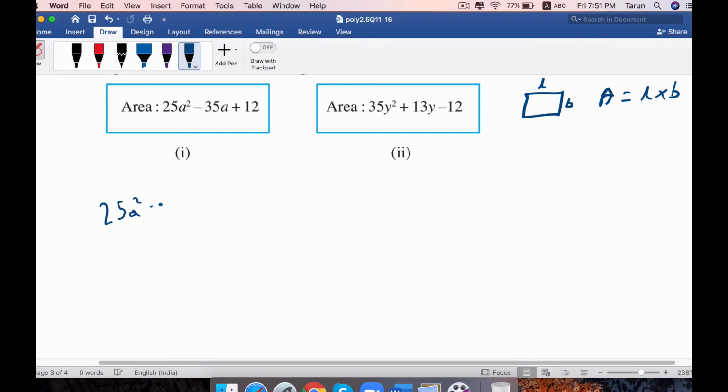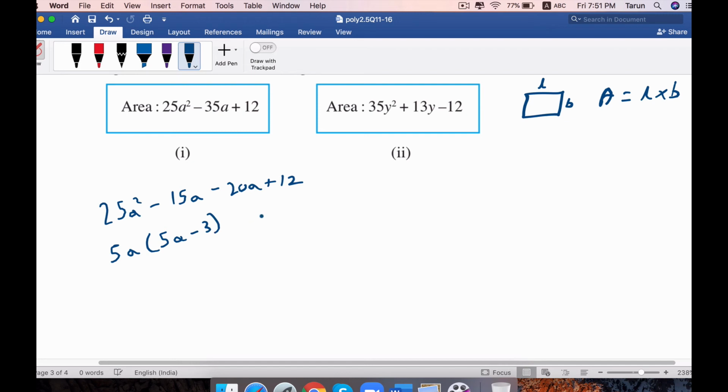So let's try 25a square minus 15a minus 20a plus 12. Over here 5a is common, so I'm left with 5a minus 3.